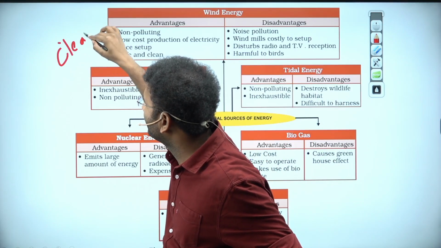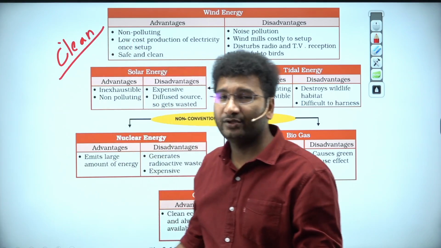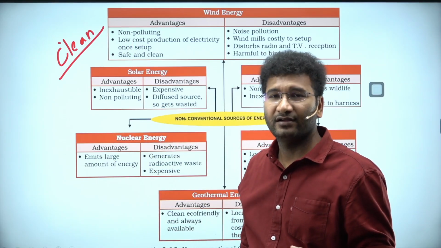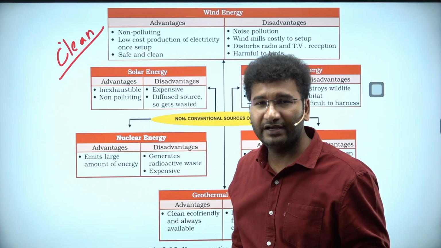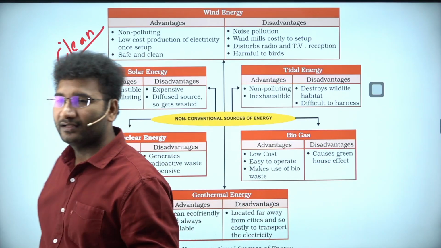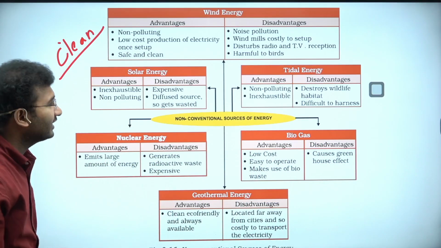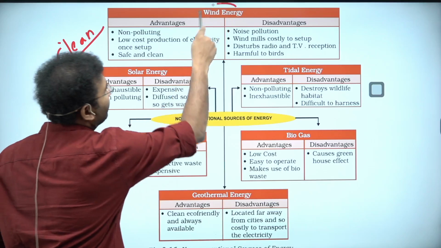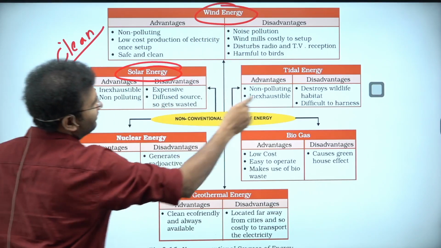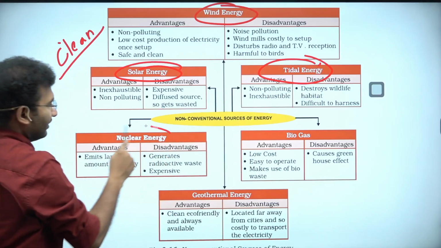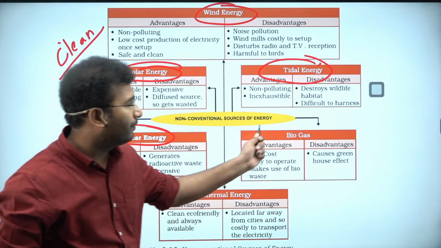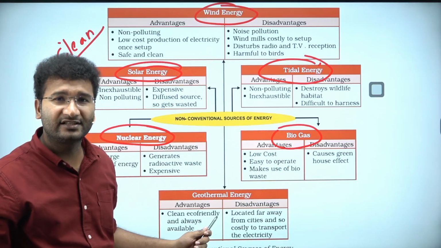These are solar, wind, nuclear power, tidal energy and biogas. These are some of the examples. Number 1, wind energy, solar energy, tidal energy, nuclear energy, biogas, and the last one is geothermal.